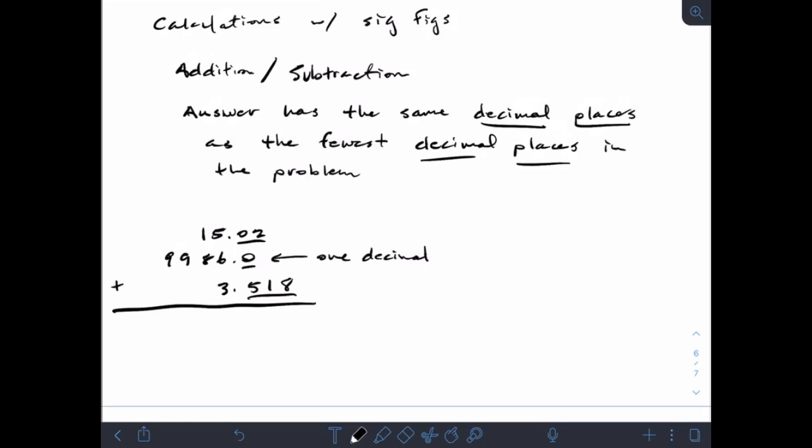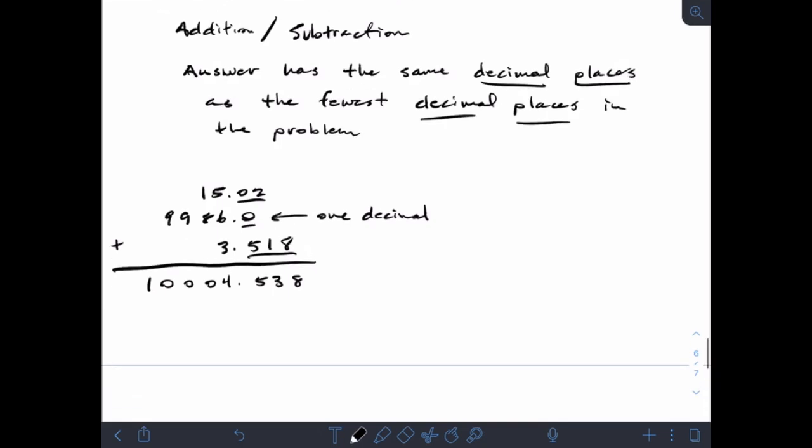So when I add all this together, when I put it into my calculator, what it spits back at me is 10004.538. All right. Now the rule says same decimal places as the fewest decimal places in the problem.